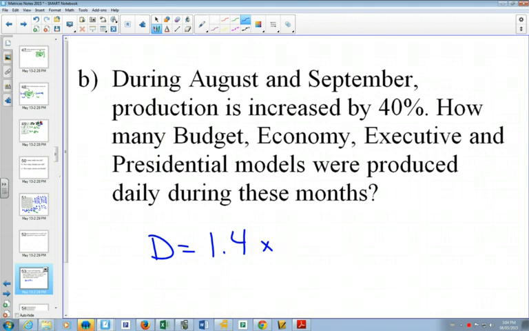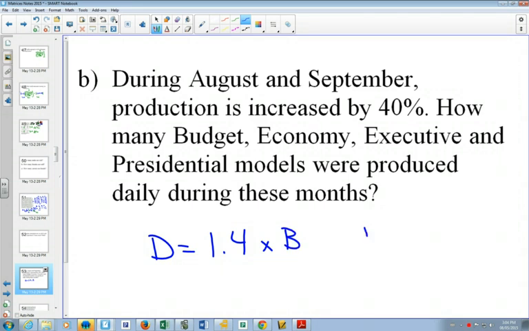Okay, right, but how many budget presidential models were produced daily? It's just asking for daily, not the total. So just daily, you would take this and multiply it by matrix. Is it matrix C or matrix B? B. Because if we go back to matrix B, what do we want?